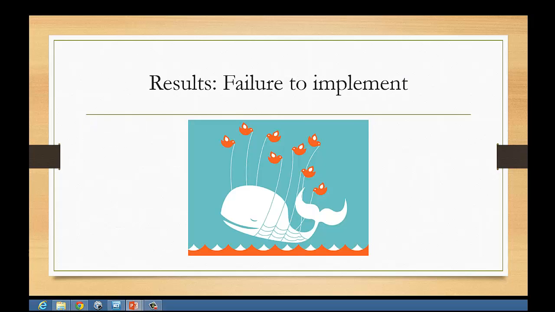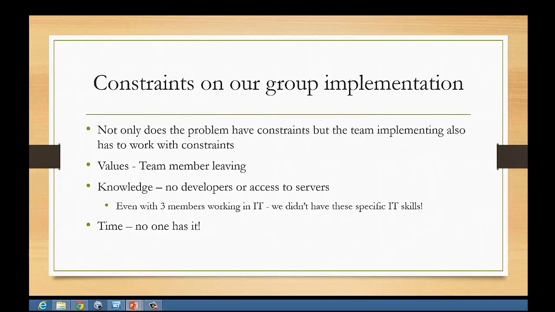In the end, our group failed to implement the product or the technology that this innovation outlined. And this happened for several reasons. As we went along, we found out that not only does the problem have constraints, but our team members do as well. We had a lot of time constraints.